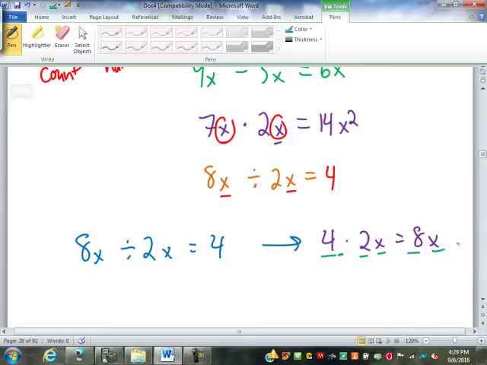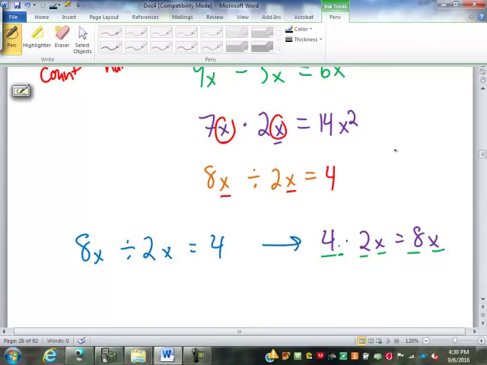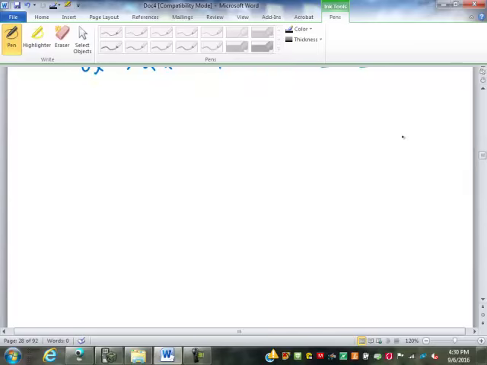I shouldn't say nothing because that implies 0, but no name times x makes x. So we have to be able to reverse it. We're going to come back to the multiplication and division a little bit more in a bit. We can already see we're going to be dealing with powers and exponents here because of the x squared when we combine variables.